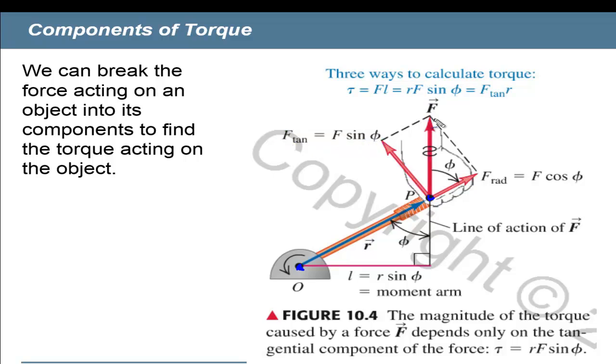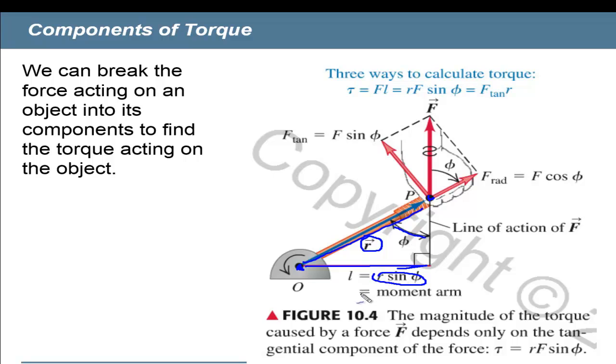But similarly, we can actually just break the moment arm into its components as well. I could say, well, that's some distance r, this is some angle phi, then this distance right here, L, is equal to r sine phi. So this gives me a new moment arm.